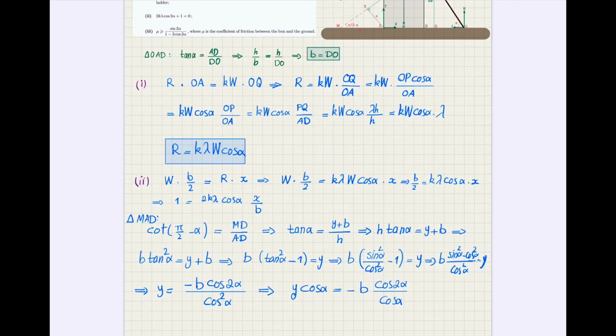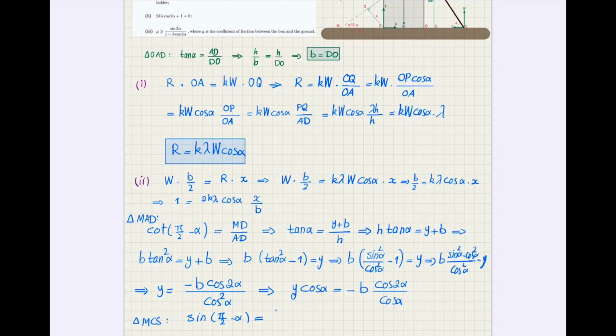Okay, so in triangle MCS, I can write the sine of my angle pi over 2 minus alpha is equal to the opposite side, which is x, divided by the hypotenuse, which is y.